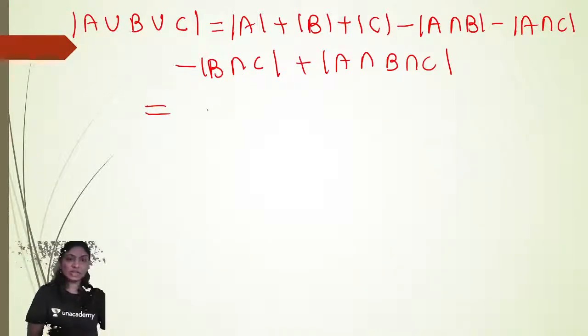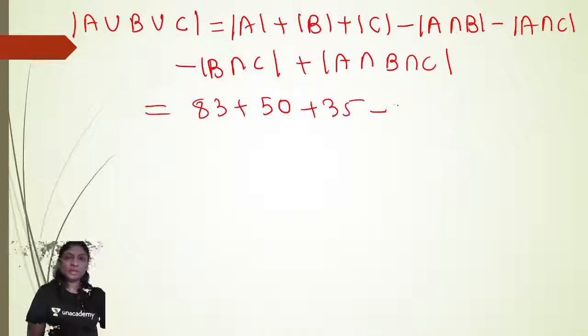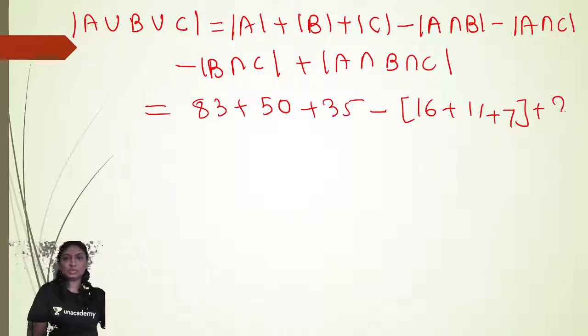Now we know all the values. Cardinality of A is 83 plus 50 plus 35, minus 16 plus 11 plus 7, plus 2.